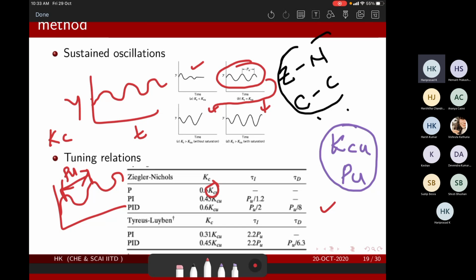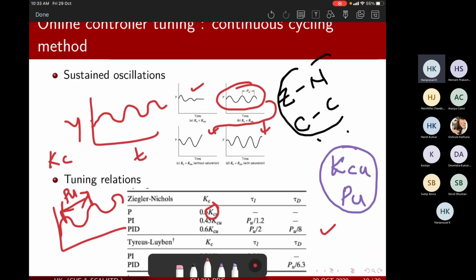So the problem is it's a laborious exercise. Why? Because you really need exactly the sustained oscillation. It can never be this or this. This is no oscillation. This is an unstable case. Keep on increasing, and it may deteriorate the overall performance or even be catastrophic to the system. So it's tricky, but you can still do it.